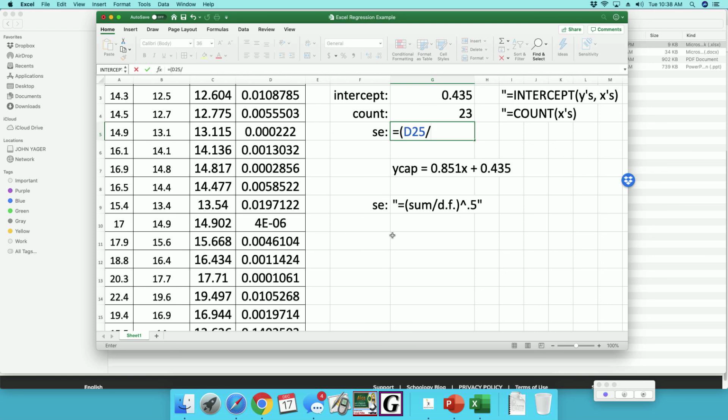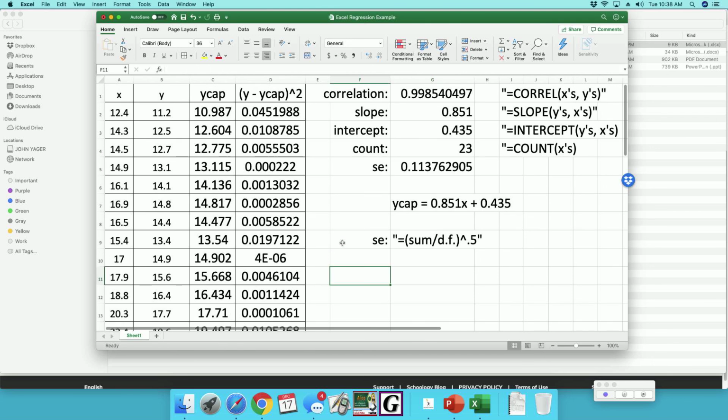We don't have to write that because you can do 23 minus 2 in your head. That's 21. I'm going to close the parentheses, the exponent symbol, which is shift 6, and then 0.5. So our standard error is 0.113762905.